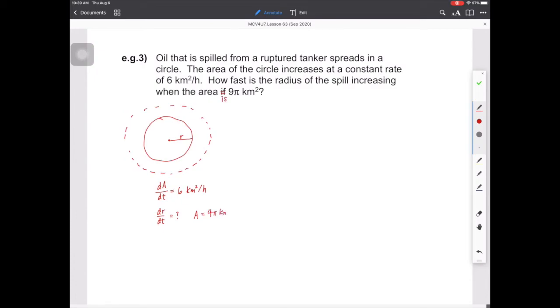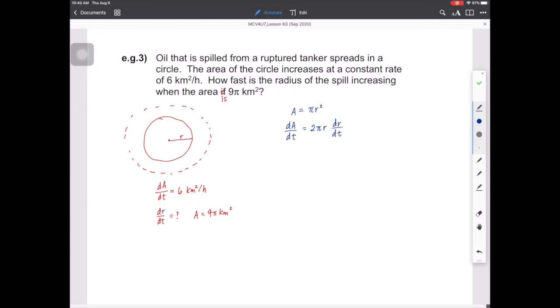All right. So let's start by establishing a relationship between area and radius. We know that area is pi r squared. If I differentiate this with respect to time, dA by dt, pi is a constant, 2r is what I will get. So I'm going to write 2 pi r dr by dt.